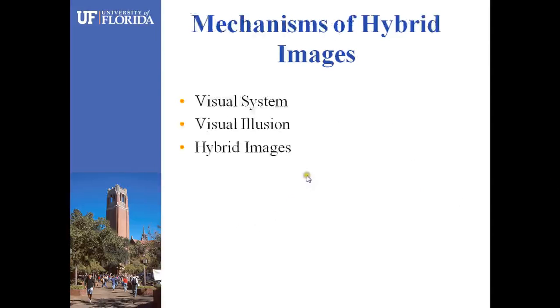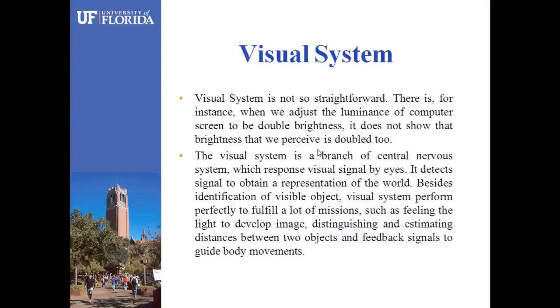Let's talk about the mechanism of hybrid images: the visual system, visual illusion, and hybrid images. The first part is the visual system. In order to exploit the principle of hybrid images, it's essential to be clear that the image we actually perceive and the image revealed are totally different.